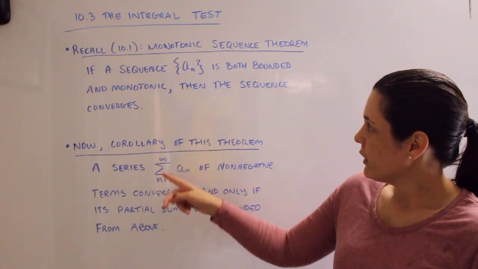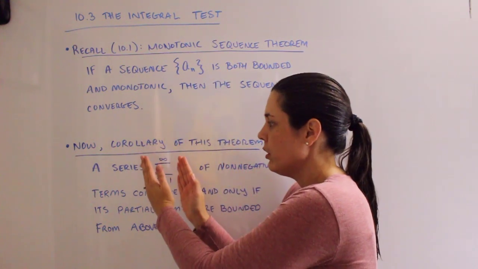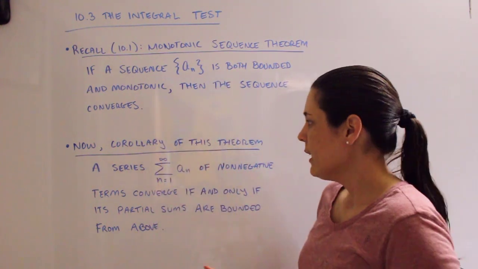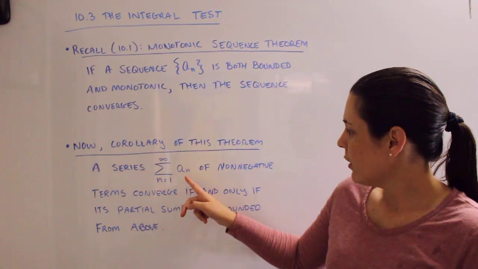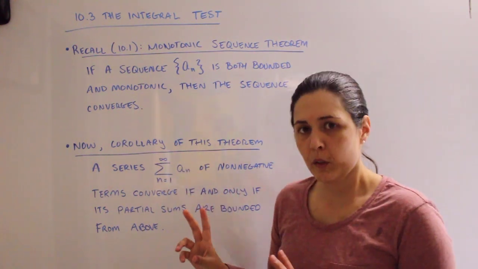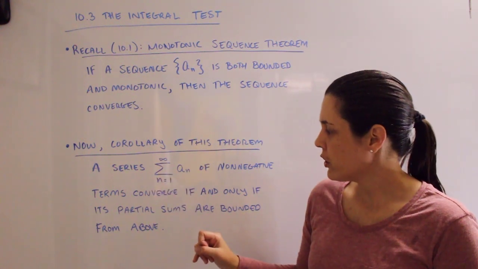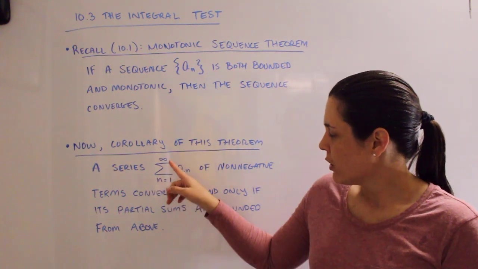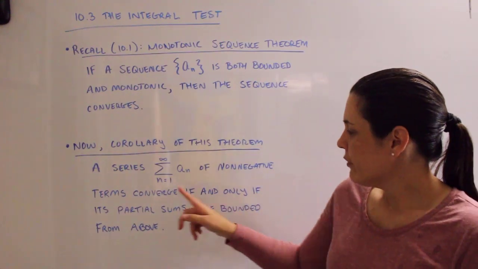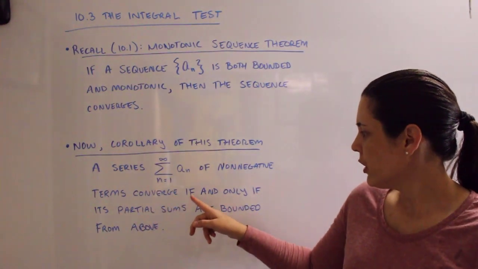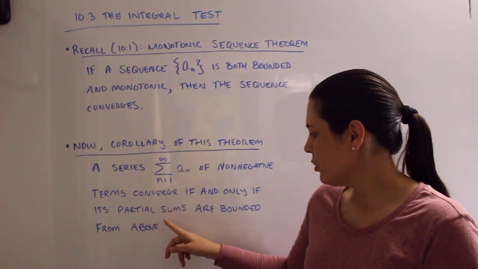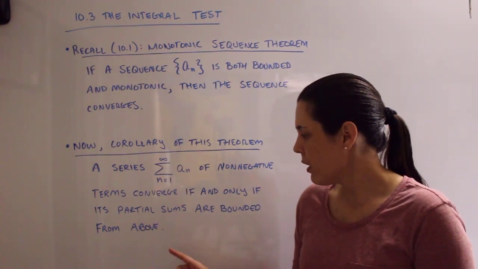Now a new corollary to this theorem, like an additional consequence of it, says that a series, the summation of a sub n from 1 to infinity, of non-negative terms converges if and only if its partial sums are bounded from above.